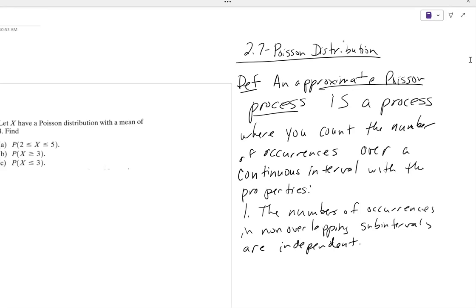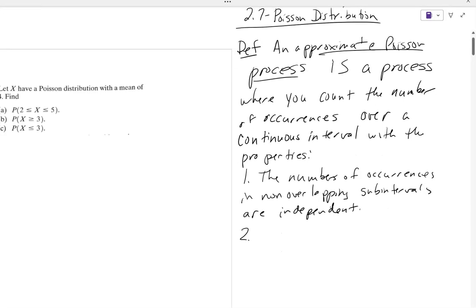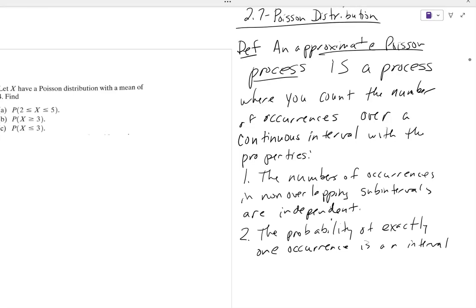The second part is that the probability of exactly one occurrence in a small enough interval of length h is lambda times h, where lambda is greater than 0.